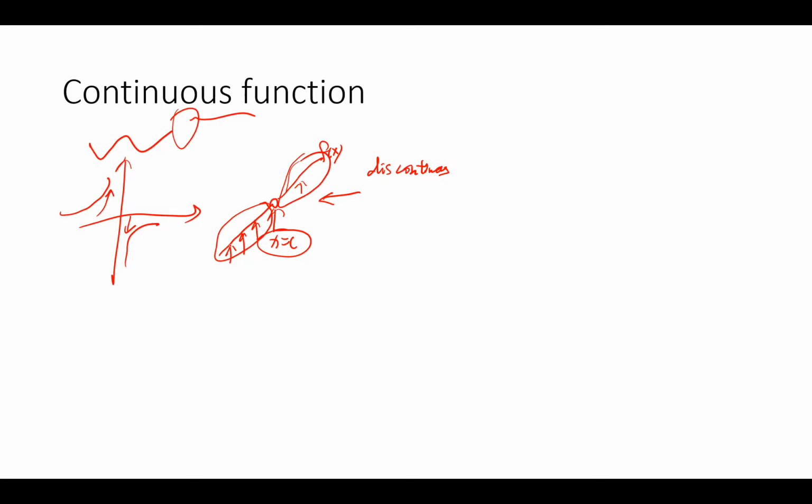Other examples include f of x equals 1 over x minus 1. When we are presented with this function, we know that the denominator cannot be 0, meaning x cannot be 1. So what happens if x is equal to 1? That means we have 1 over 0, which is not defined.